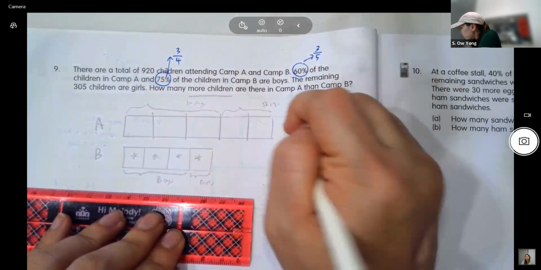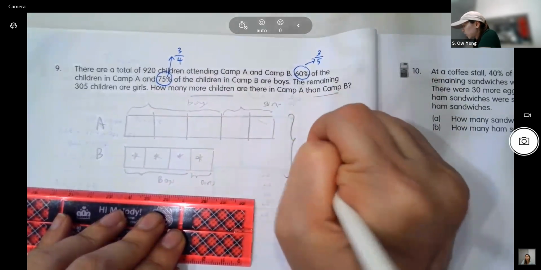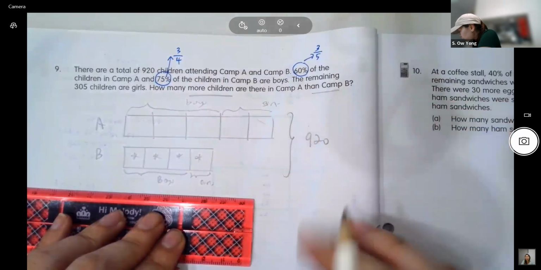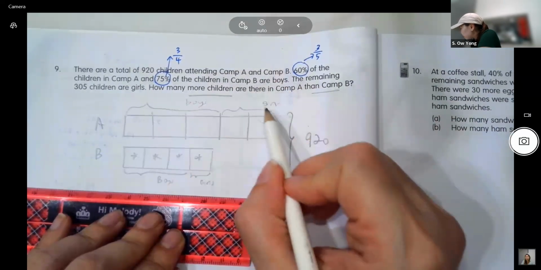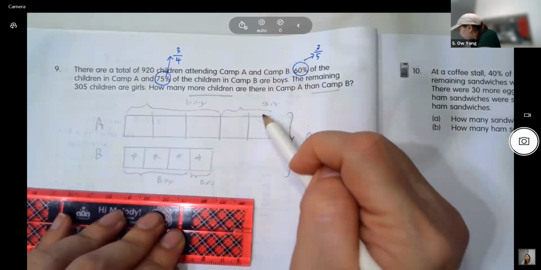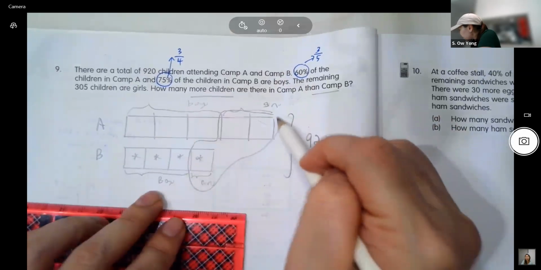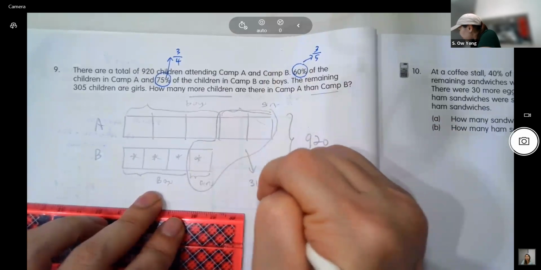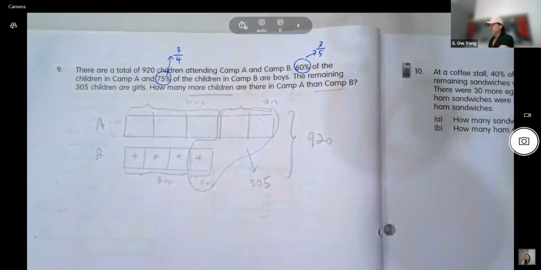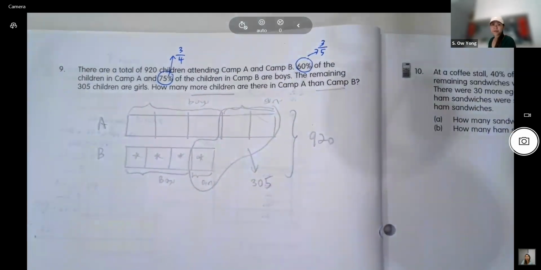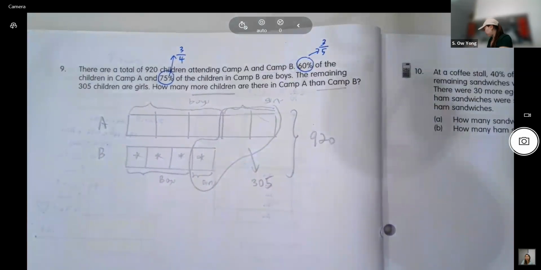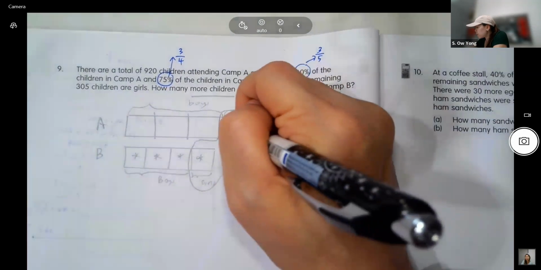And they did tell you 920 is the total. And they also tell you that there are 305 girls. That means if I put this into one group, this is 305 girls. Can you see? So I'm also going to put a dot here to show you.